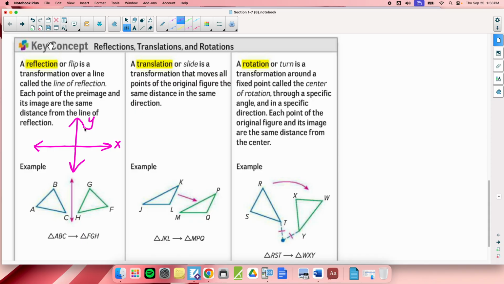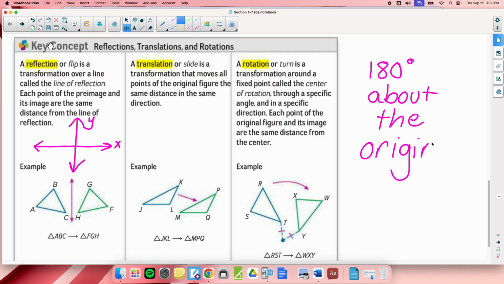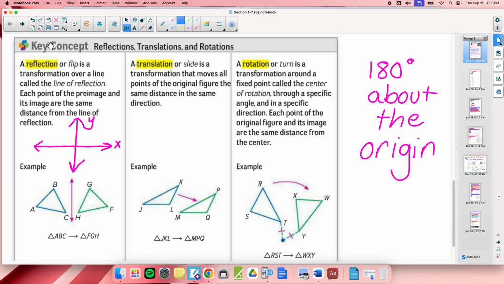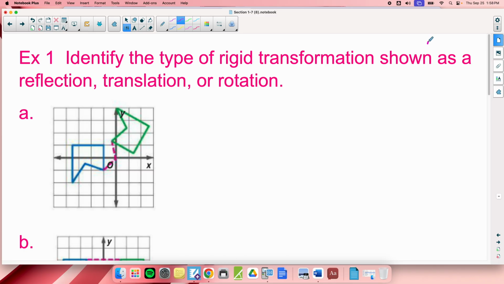Rotations can be any degrees around any point, but when we do them, we always do 180-degree rotations about the origin, okay? That is because doing that kind has a rule, and you don't have to use a compass and a protractor, okay?